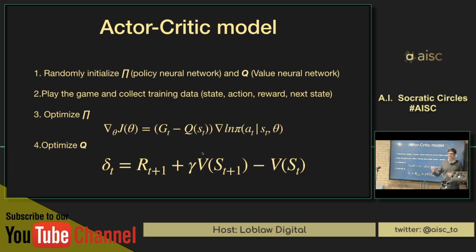You use the difference between these values to determine the temporal difference error, and this error is the one you backpropagate to your critic. So you have the critic, and that will be your actor.